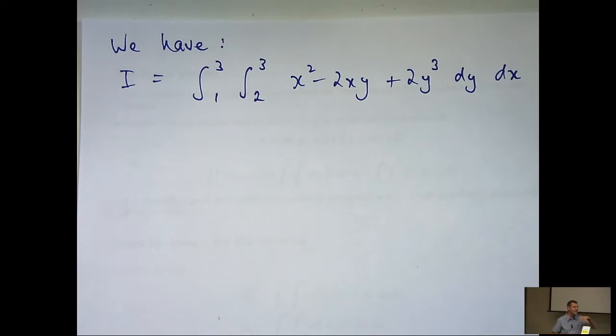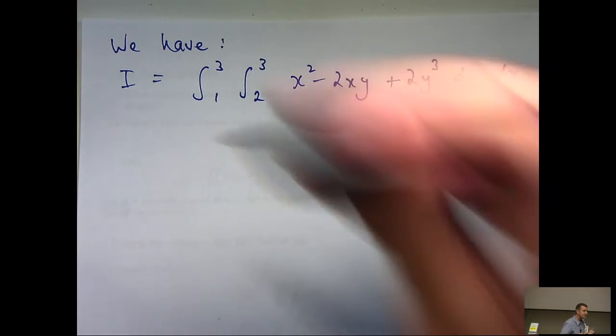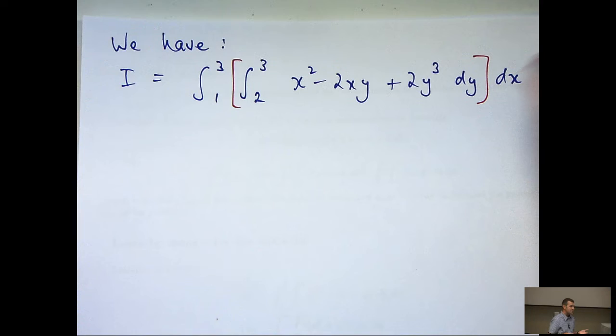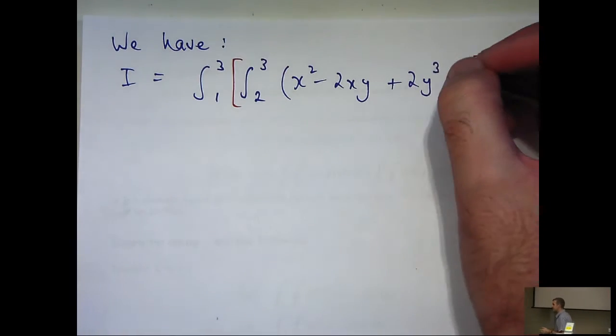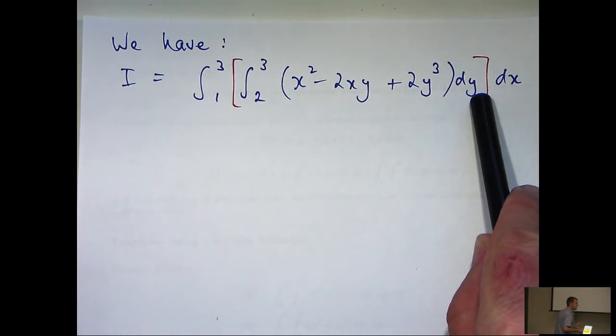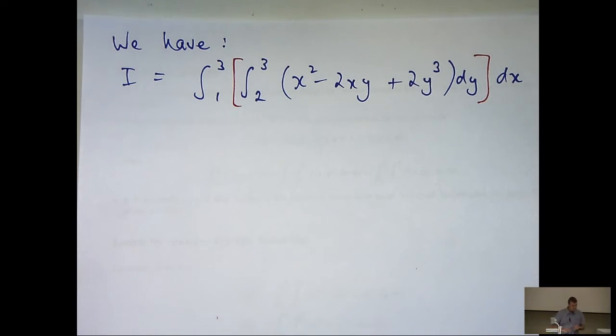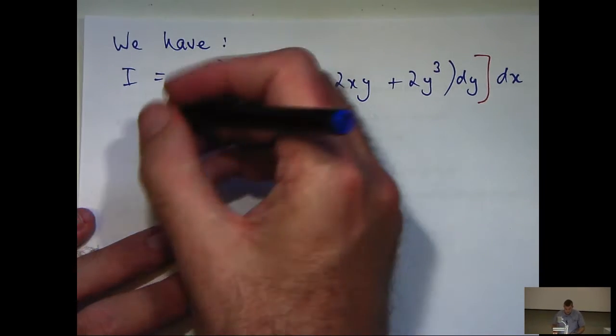Okay, so if I put in my brackets and just consider the inside integral, what I do is, because we have a dy here, I hold x fixed and integrate each term with respect to y.